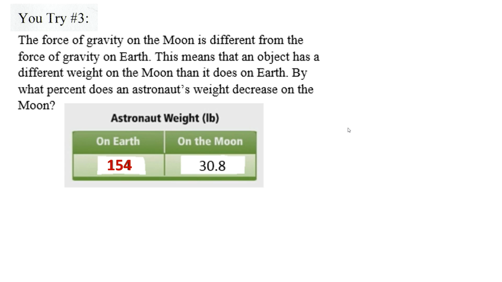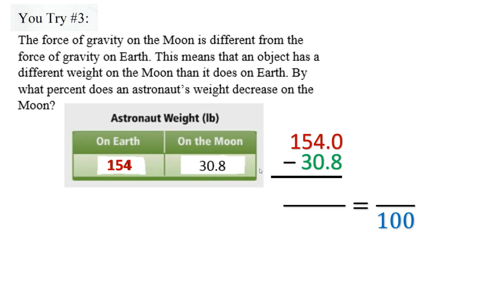Okay, if you haven't already, please try number 3 and pause the video. So on this one, it says it wants us to find the percent decrease. So going from Earth to the moon, because this one's bigger and it's getting smaller. So we're going to subtract these two values to see how much it's changed. It's a difference of 123.2 pounds. And then that value over 154, because that's the original.